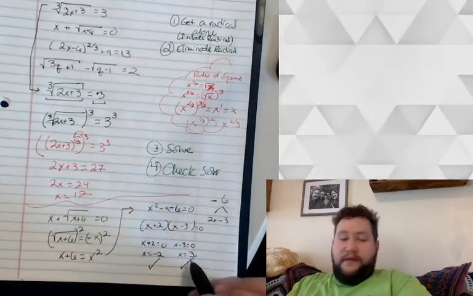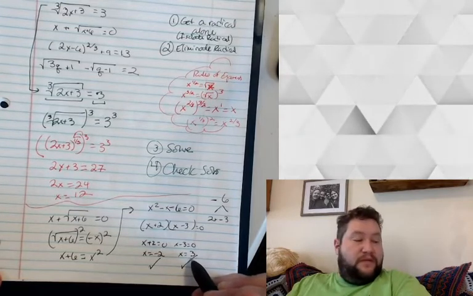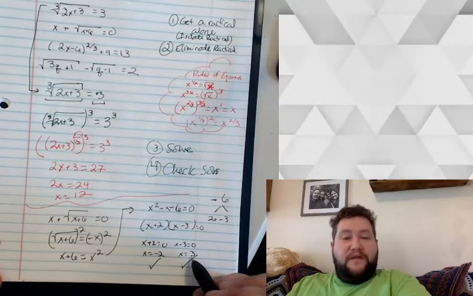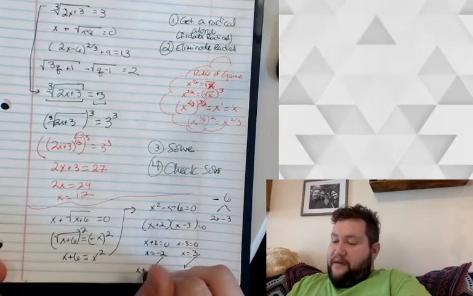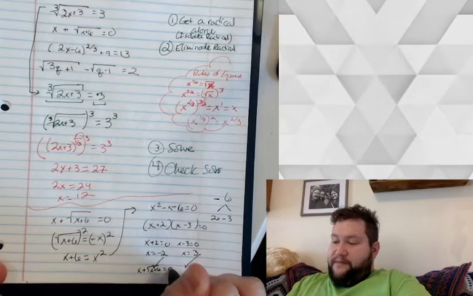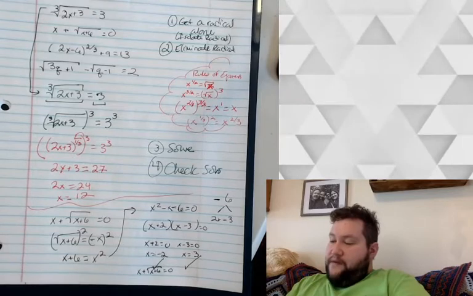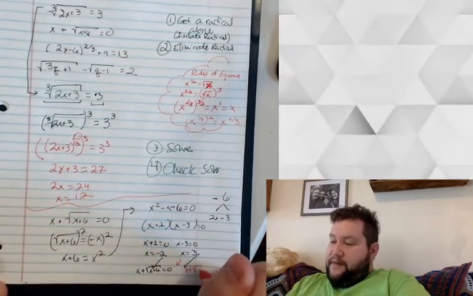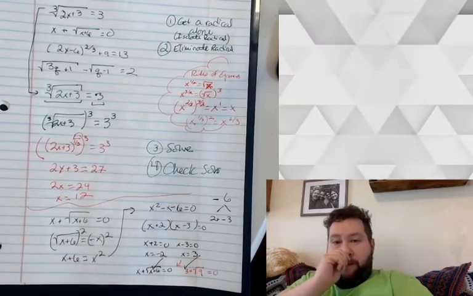Here we have x equals 3. And now think back to, was it the last video, where our square root always introduces a plus or minus. I have x plus the square root of x plus 6 equals 0. If I substitute x equals 3 into that, I get 3 plus the square root of 9 equals 0. Well, what is the square root of 9?